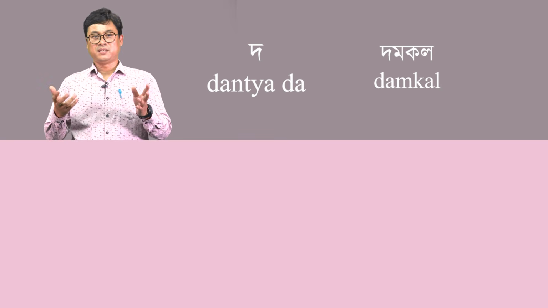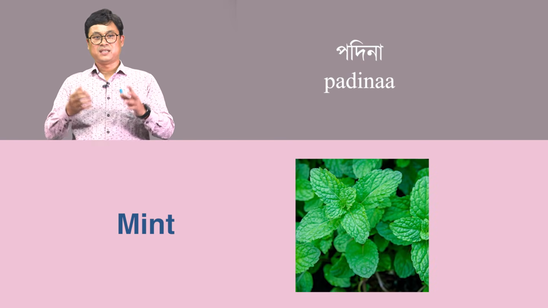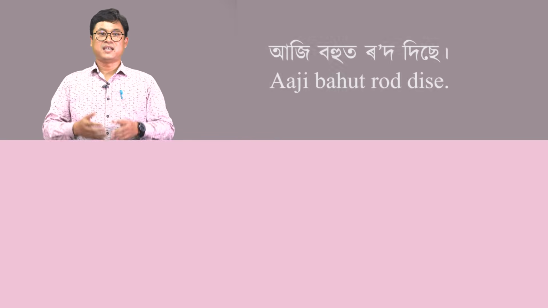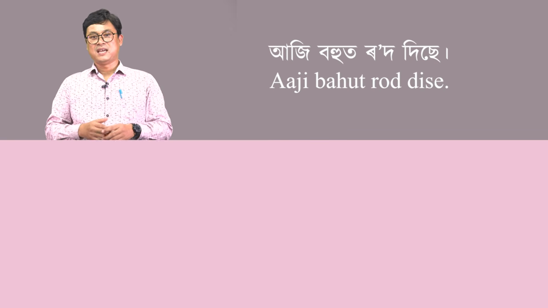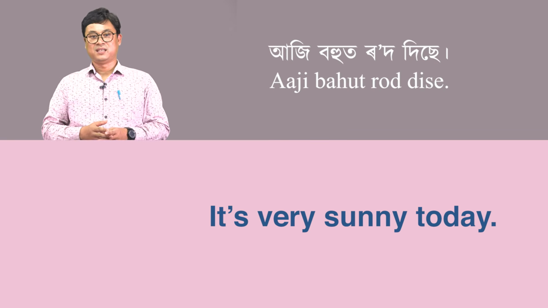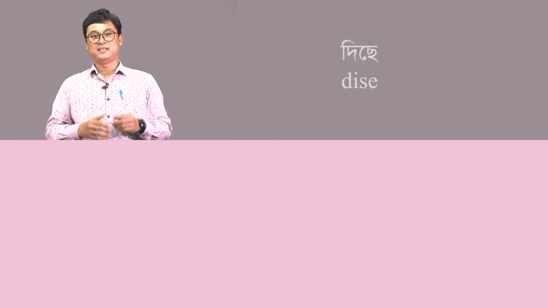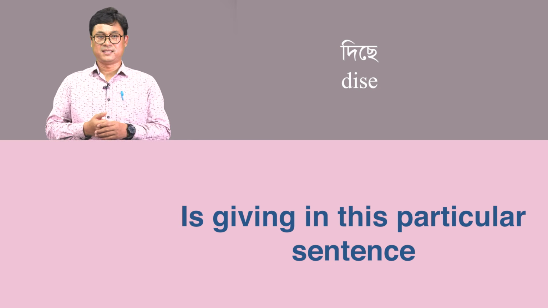Dontyo do. Do for domkol, which means towel. Pudina, that means mint, and roud, which means sunlight. We can frame the sentence aji bahut roud dise using the word roud. That means it is very sunny today. Here, aji means today, bahut means very, and dise is equivalent to is giving in this particular sentence.